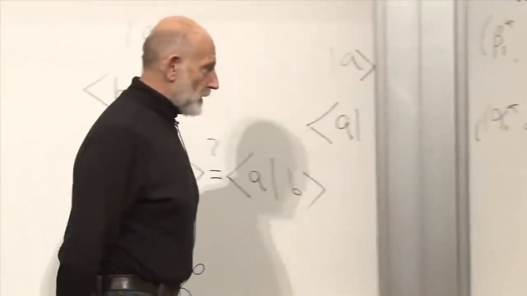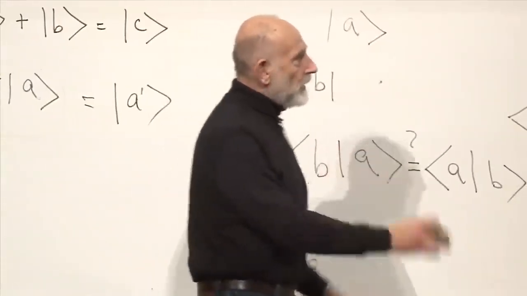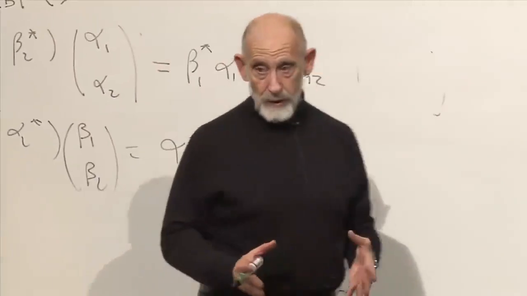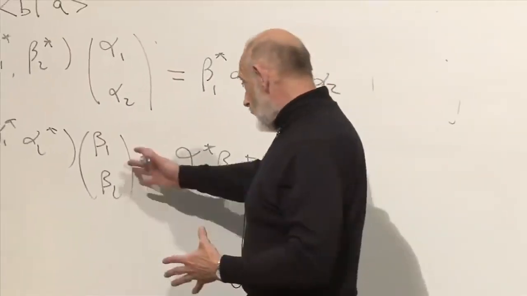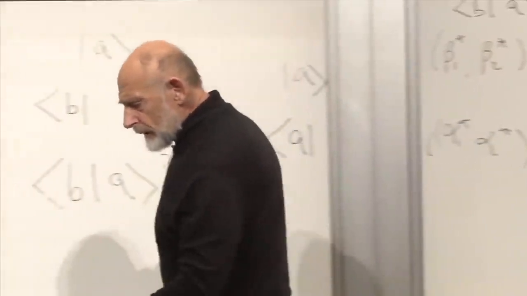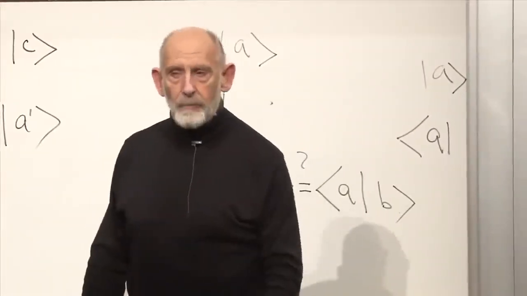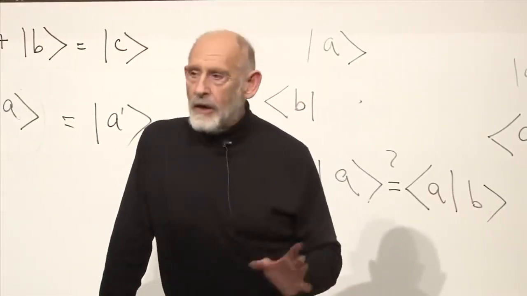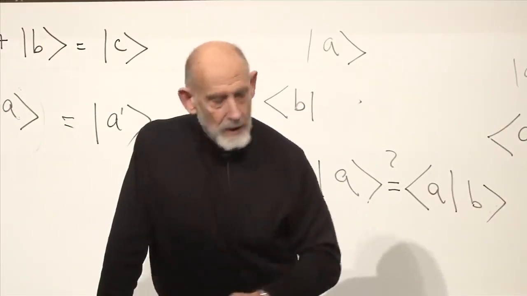It really is the complex conjugate. So interchanging alpha and beta, or A and B, really does interchange the value of the product and its complex conjugate. That's the notion of a complex vector space and an inner product on the complex vector space.